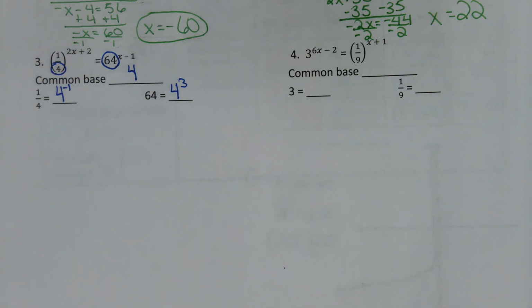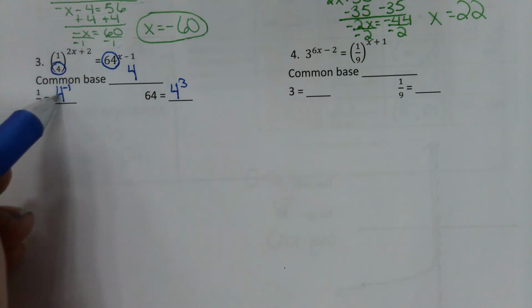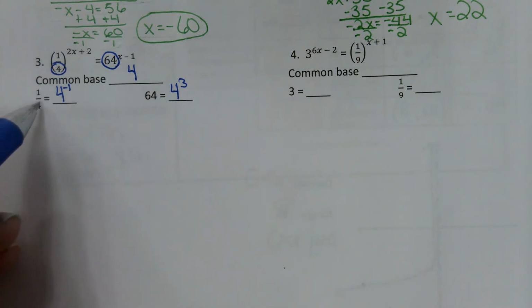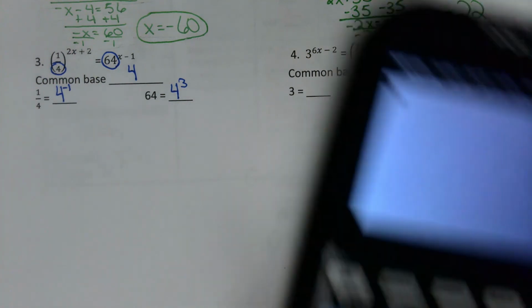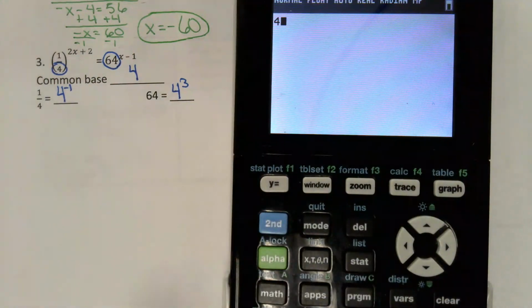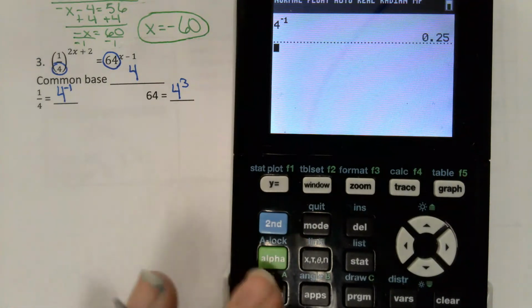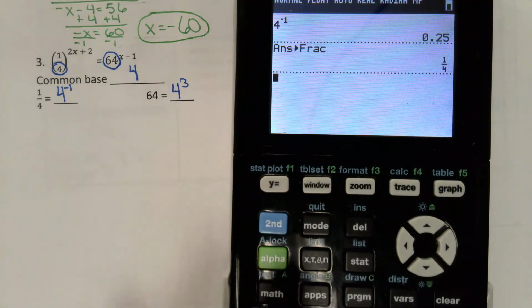So whenever you see a fraction base, it's an indicator that you're going to have a negative exponent. So you'll focus on, well, 4 to the first power gives me my denominator, and then make that exponent negative to give you the fraction. In your calculator, you can check to make sure that you really did it correctly. We have 4 to the negative 1 and change it to a fraction to give us 1/4.